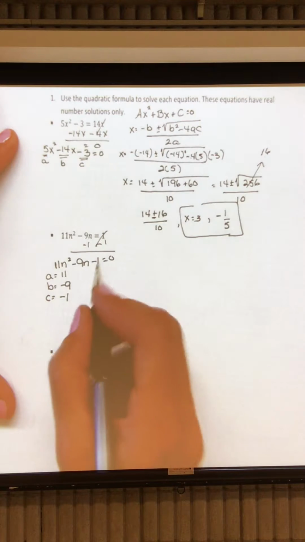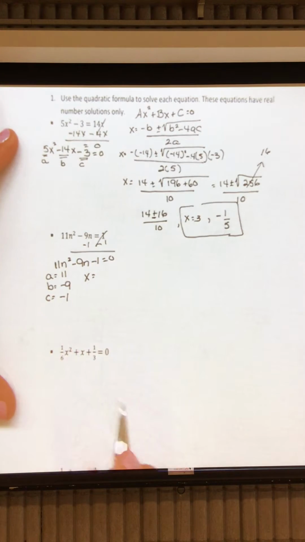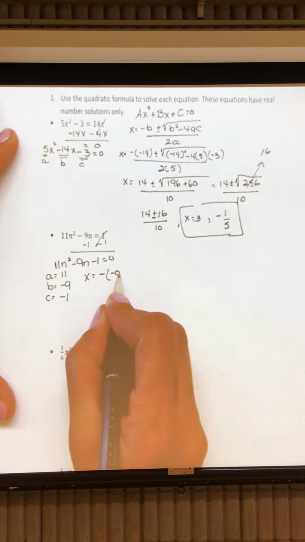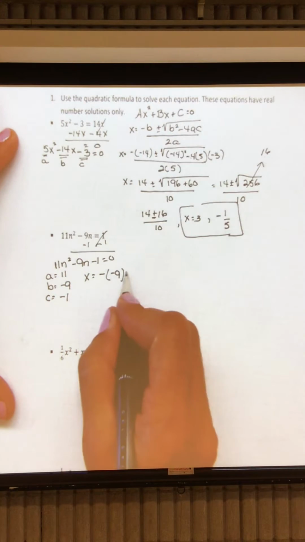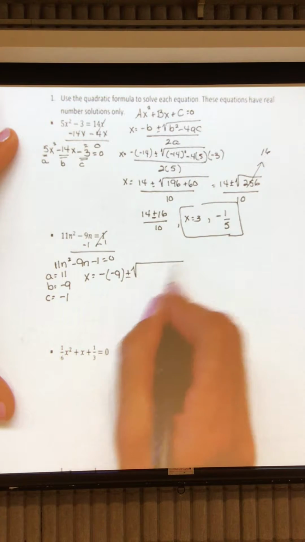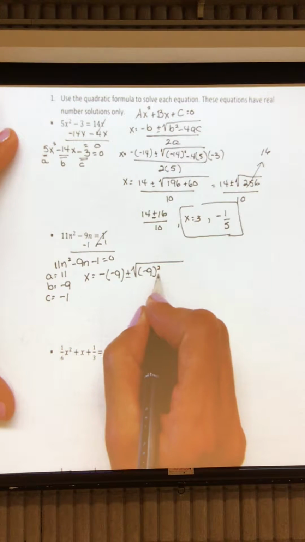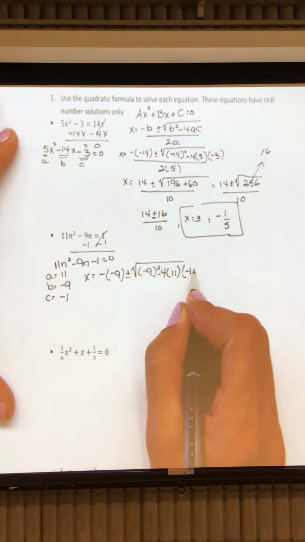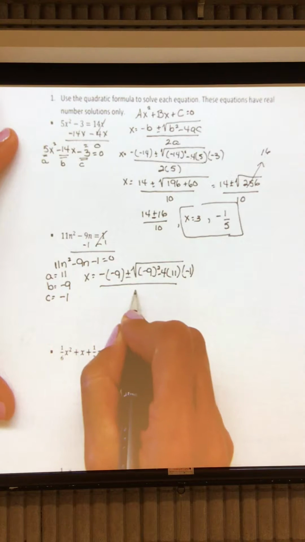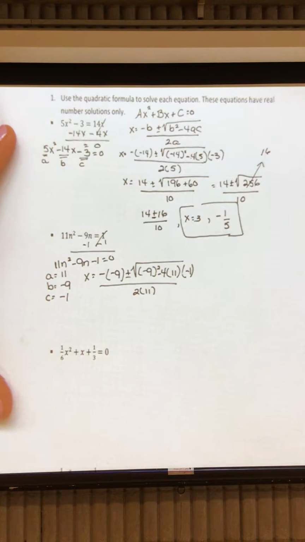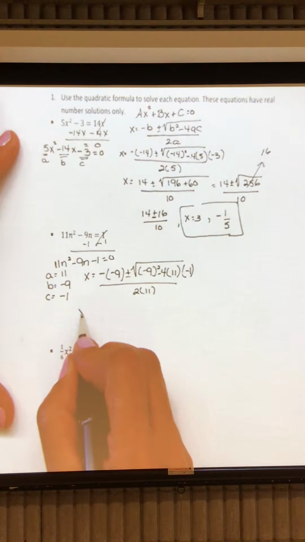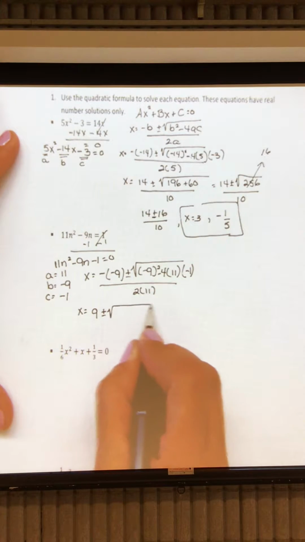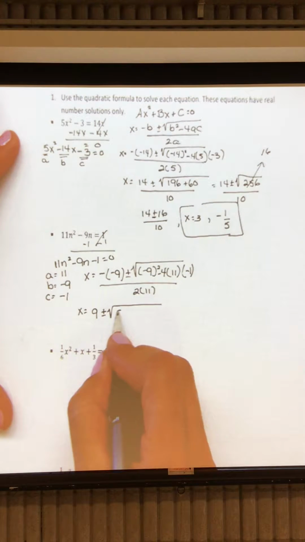So now let's substitute this into your quadratic formula. You have x is equal to negative b. Again, we have a negative times a negative, which becomes a positive, plus or minus square root of 9 squared minus 4 times a times c all over 2 times a. Now simplifying this, we have x is equal to 9 plus or minus square root, negative 9 squared is 81.